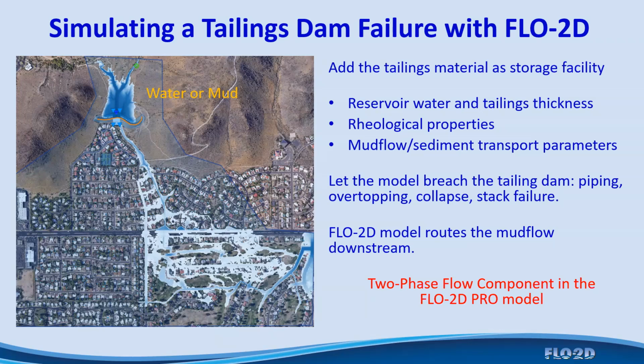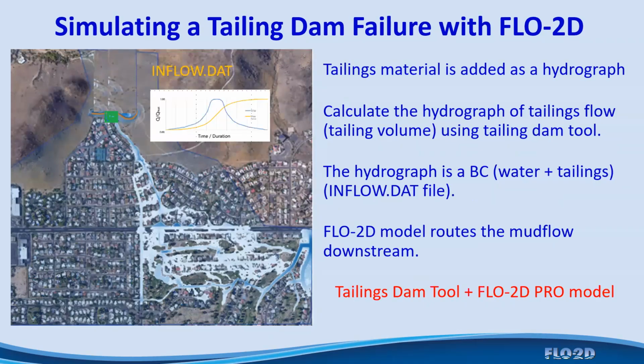But again, you need to enter some additional data, and it's a little bit more complex than the option to simulate the tailings dam failure using the tailings dam tool. And I'm going to talk specifically about the tailings dam tool in this presentation. If you want to go this way and use the two-phase flow component, Karen or myself can share with you different webinars, recordings and presentations about how to use the two-phase flow component in the FLO-2D Pro model.